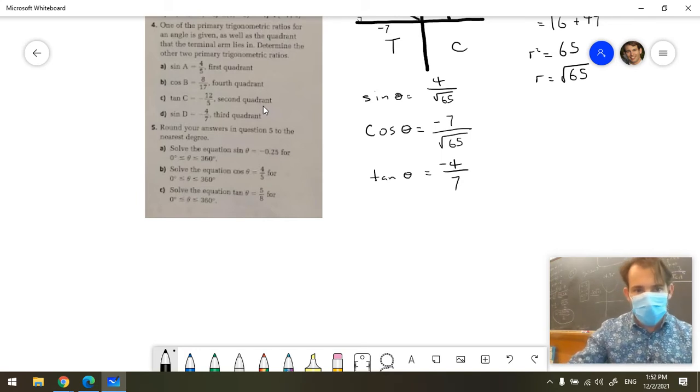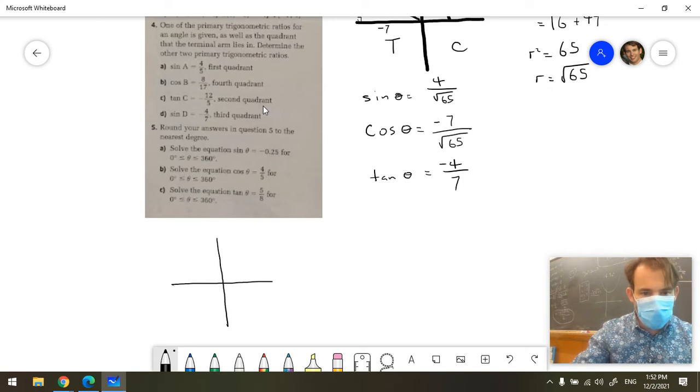This one is nice, it doesn't have a square rooty type thing on the bottom. So that's opposite over adjacent. Because it's in the second quadrant, the adjacent is negative, so it's going to be negative 5 and 12. That's the point up here, negative 5, 12.